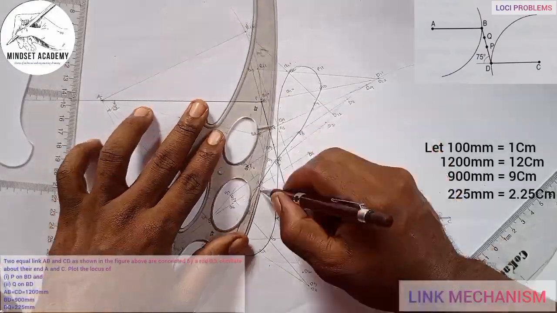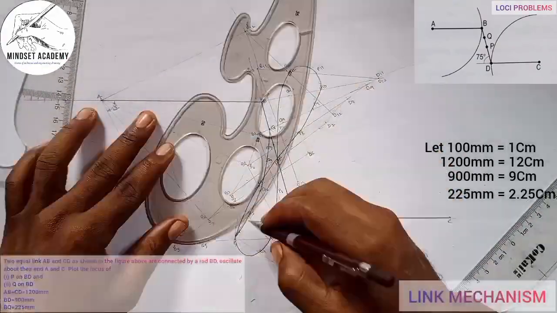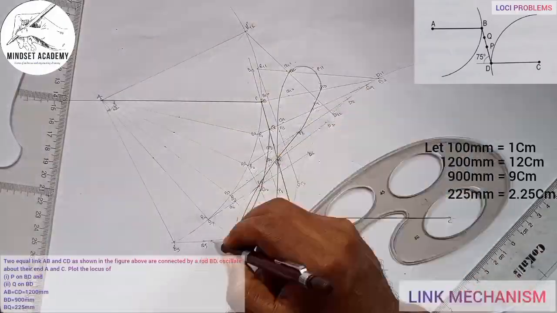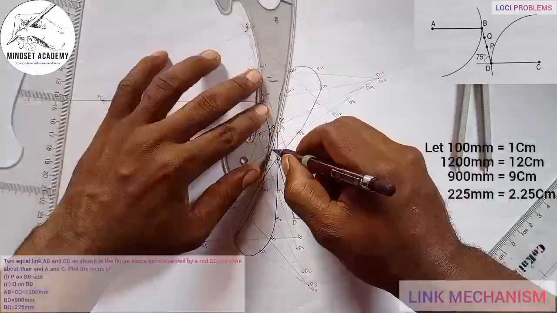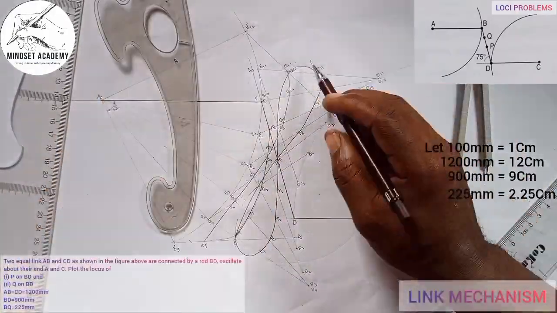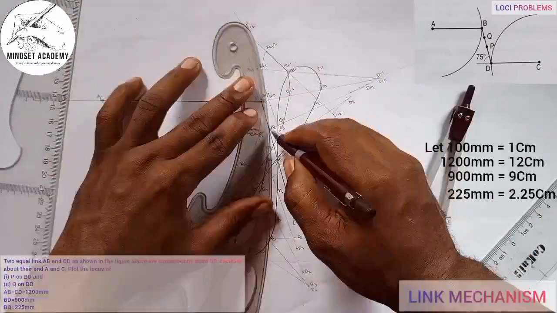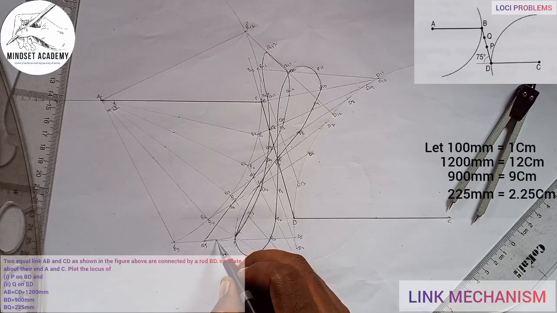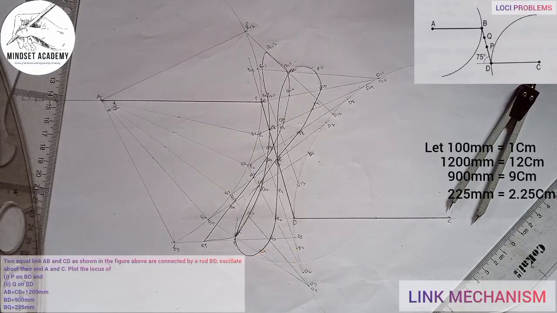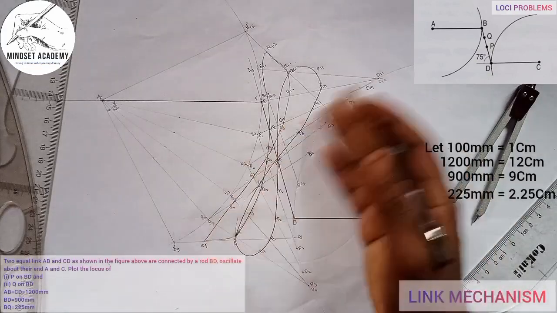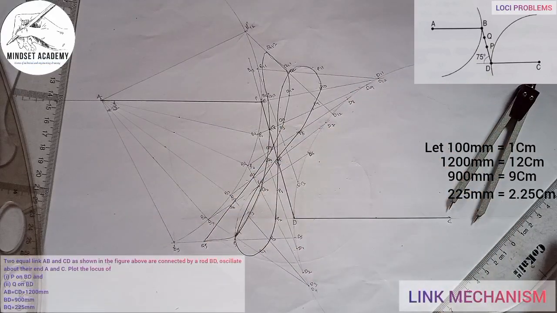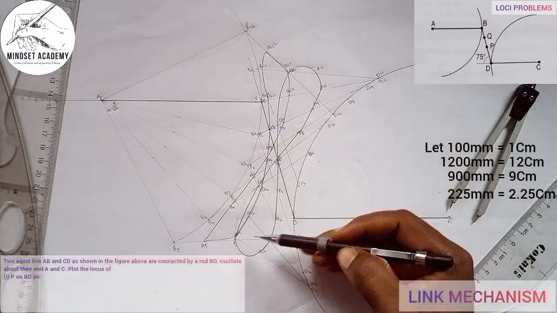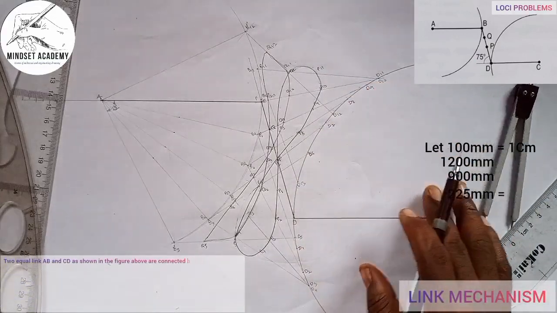So you join this locus of what? Of P and Q. So most times it might just be different. So sometimes you might just be given only one locus of the point to join those points. So this is what we have here.